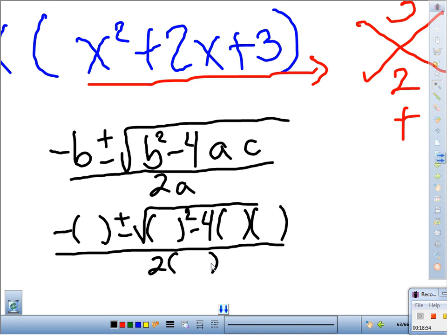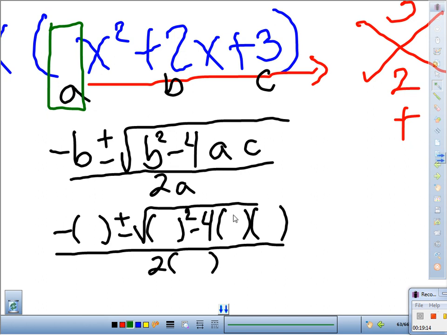All right, here we go. I'm going to label this trinomial. Look up. This trinomial I'm going to label underneath so I know what's what. A, B, and C. Does everybody see what I did? What is A, everyone? 1.